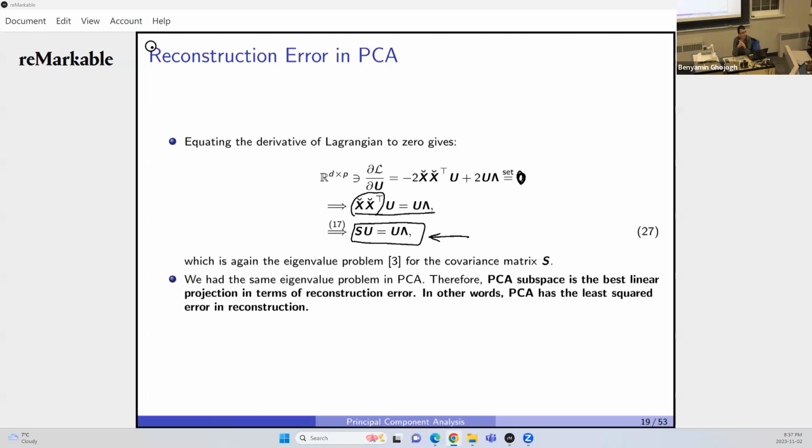As a result, we can have 2 different optimization problems for PCA. So you can interpret PCA in 2 ways. Either PCA maximizes the covariance after projection, or it minimizes the reconstruction error of linear projection. Did you get it? I mean, after truncation.